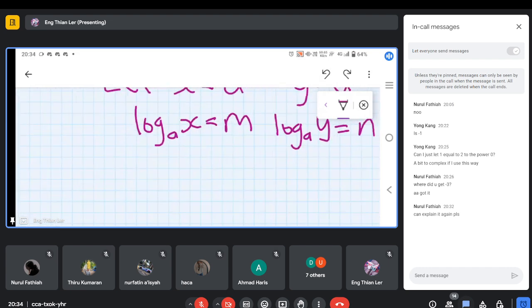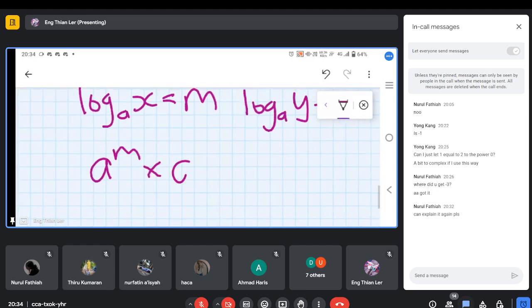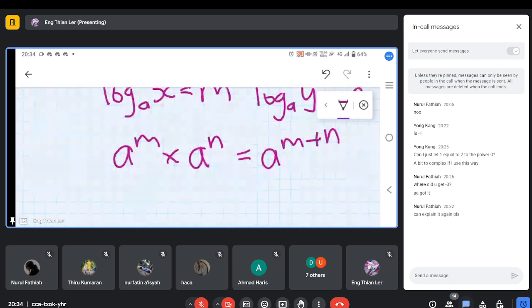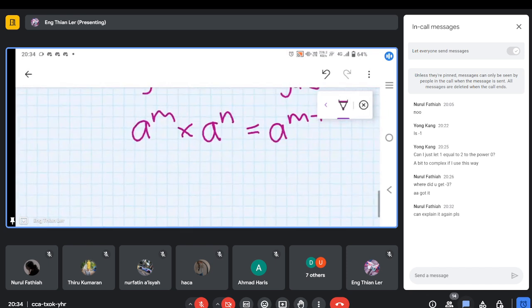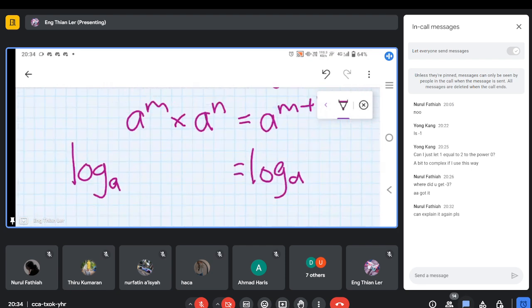So by the law of indices, a to the power m multiplied by a to the power n equals a to the power m plus n. So when we take log base a on both sides, log base a, and this will be log base a.